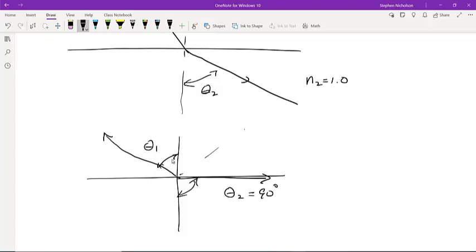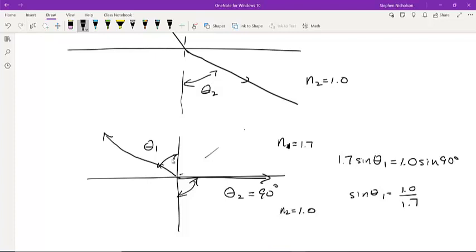So the way you solve that problem, let's say N1 here is 1.7 and N2 is 1. So we're going from some glass into the air. That's why it's bending that way. You'd have 1.7 times the sine of theta 1 is equal to 1.0 times the sine of 90 degrees. Well, the sine of 90 degrees is 1. So you get sine of theta 1 is 1 over 1.7, or theta 1 is equal to the inverse sine of 1 over 1.7.